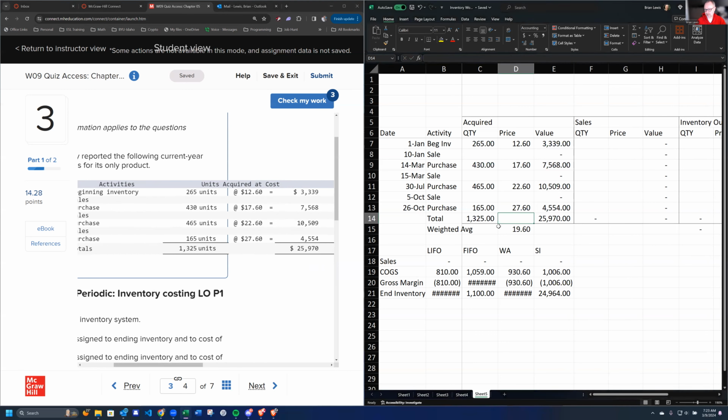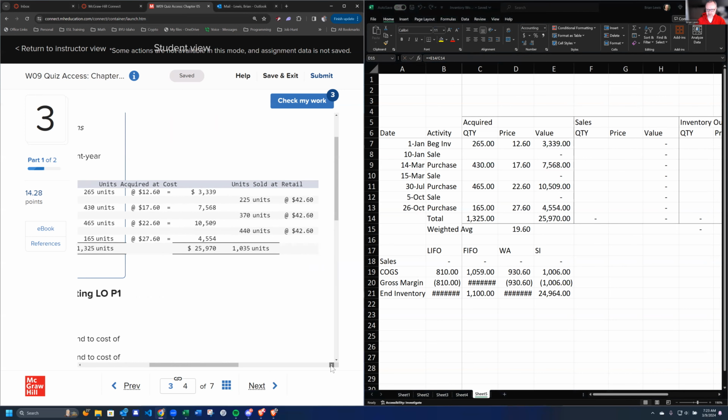Okay, so this automatically calculates the weighted average. If we look at the calculation, it takes the total value divided by the total quantity. Okay, on the sales side, let's just go ahead and enter this in.